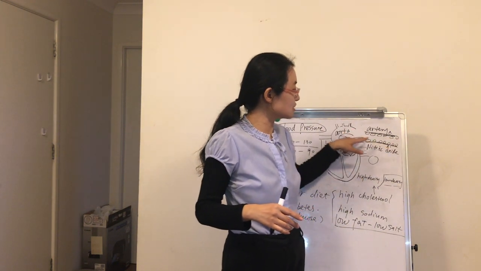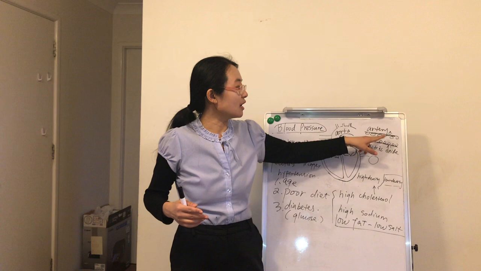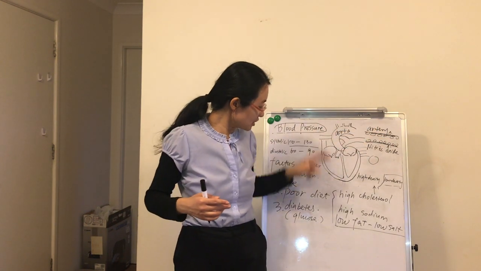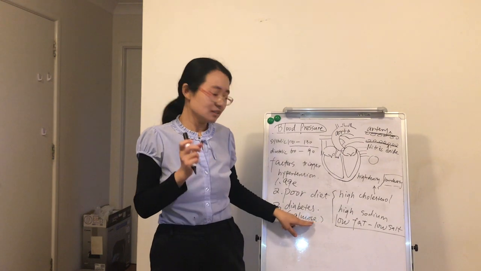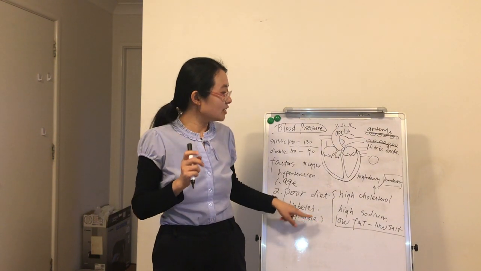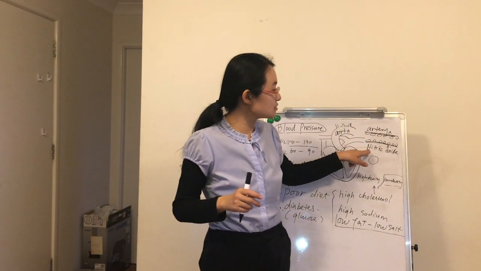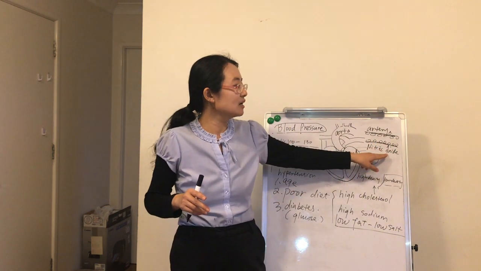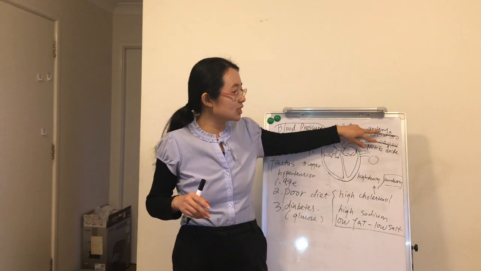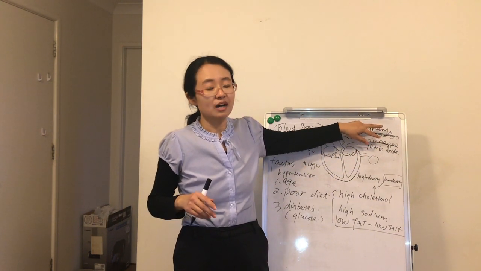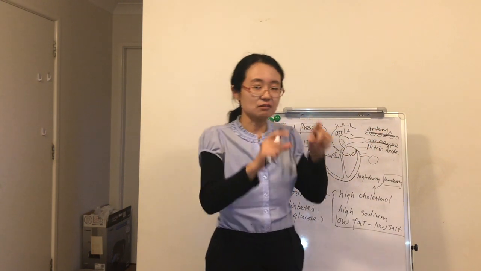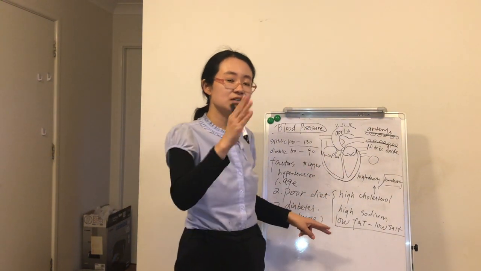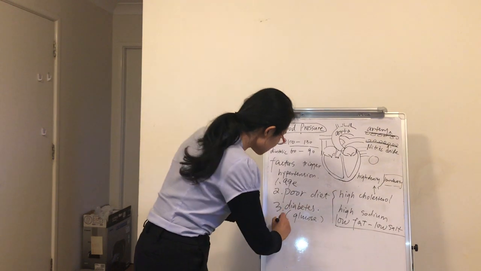It is naturally released by the artery endothelium. However, if your blood sugar, the glucose, is high, then it could restrict the release of the nitric oxide, and then it will constrict the artery and make it narrow. So long-term diabetes could really increase your blood pressure.